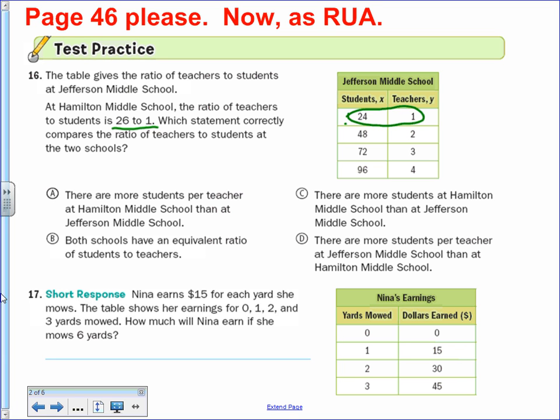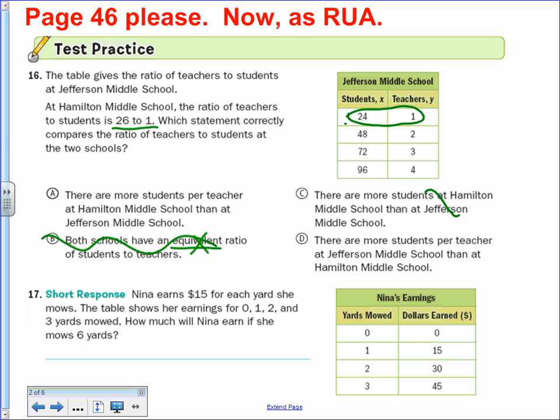It could be A. Both schools have an equivalent ratio. No, not equivalent, because when you look at one teacher, a unit rate, they would have to be the same, so it's not B. There are more students at Hamilton Middle School than Jefferson. No, you have no idea. I mean, maybe there's only 26 students altogether.